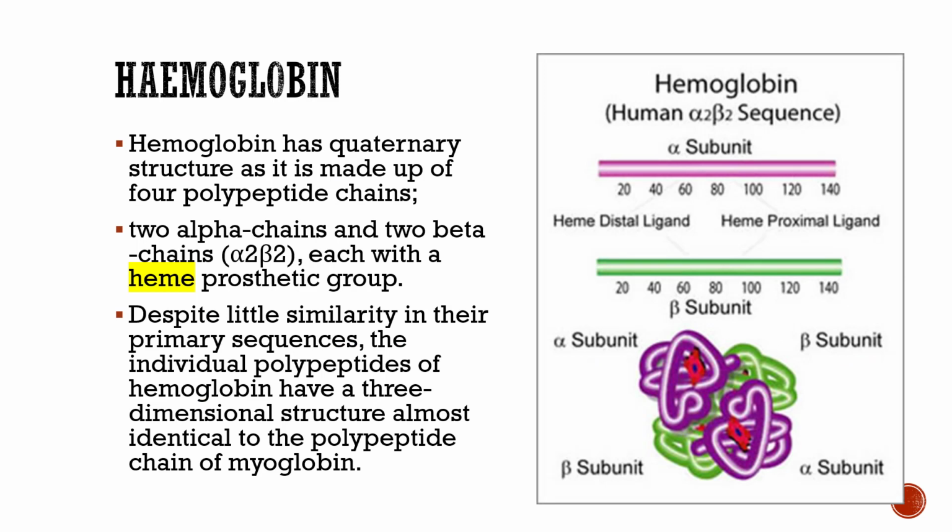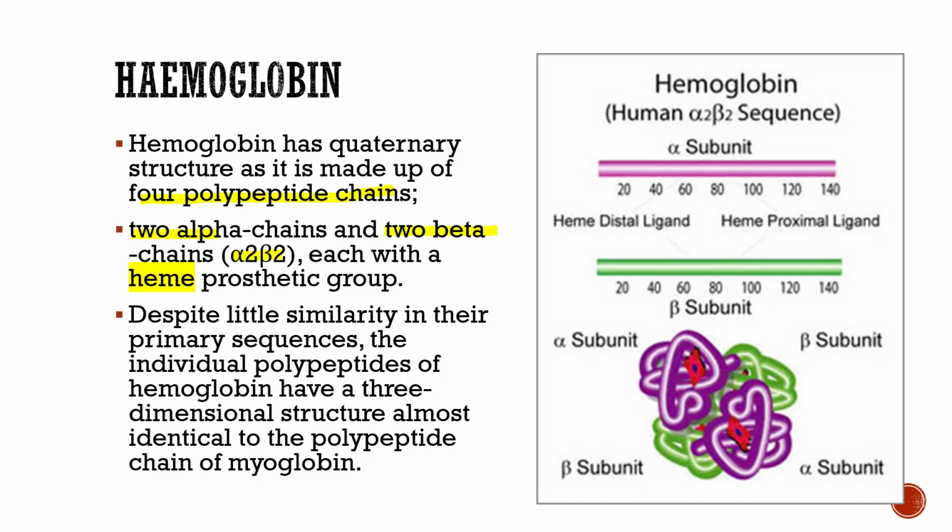When you look at the structure of the hemoglobin, it has a quaternary structure, that is the arrangement of subunits along an axis, and it is made up of 4 polypeptide chains. The 4 polypeptides are 2 alpha chains and 2 beta chains, so it is notated as alpha 2, beta 2.